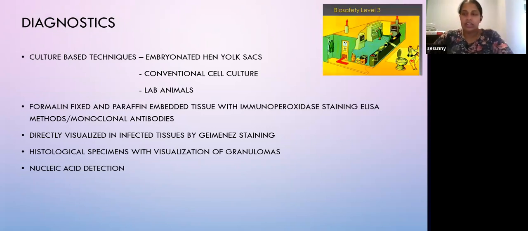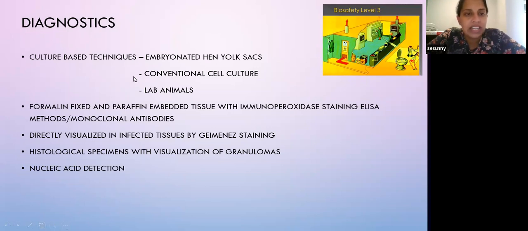In terms of diagnostics, there's various methods for diagnosing Coxiella. What's important is that with any of these diagnostic procedures, this needs to happen in a BSL-3 lab because of the risk of aerosolization and infecting laboratory staff.